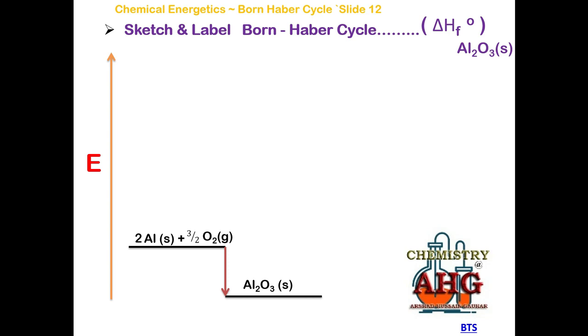Now to make it a thermochemical equation, we will label it with the enthalpy change. What is the name of the enthalpy change involved during this step? This is known as the standard enthalpy change of formation of aluminum oxide. So students, you can see that we have completed the direct path for the formation of aluminum oxide using this equation.